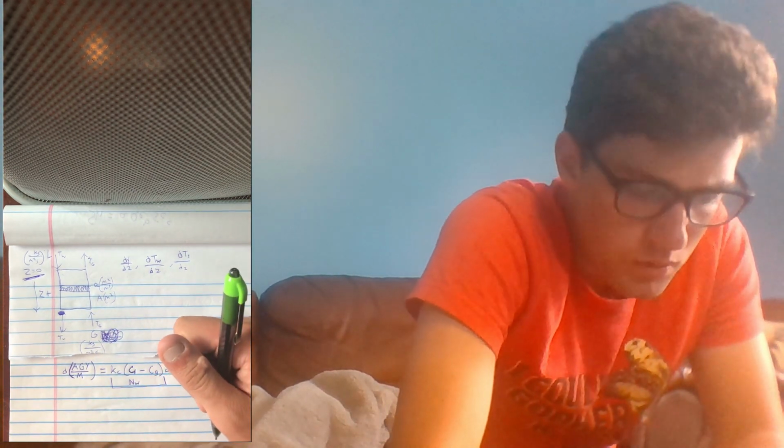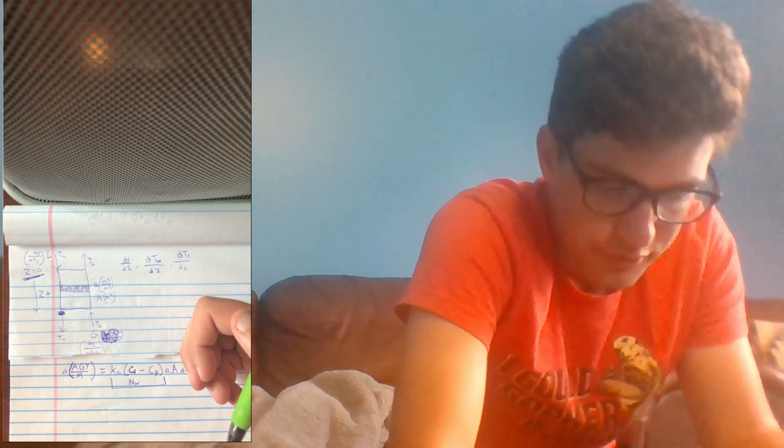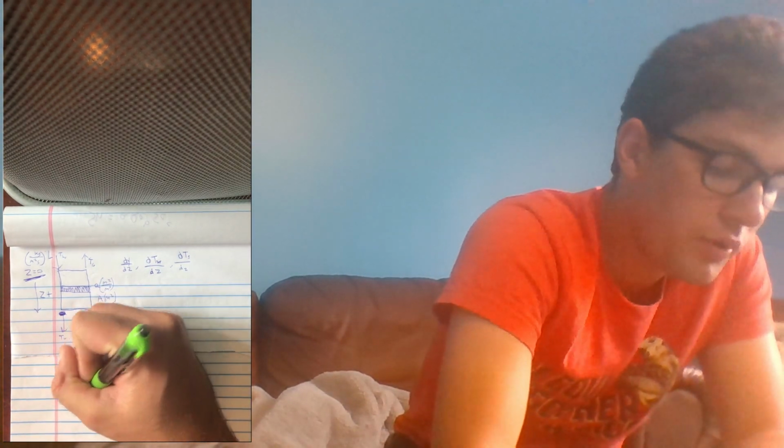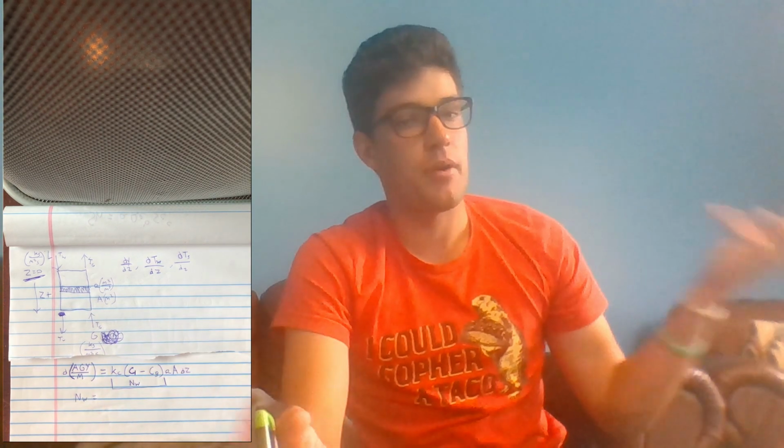So instead of writing this out again, I could write Kc times the concentration of liquid minus the concentration of gas, but I'm just going to write it as the molar flux of water, and I'm going to put this in terms of pressure, like we did in part A several times.